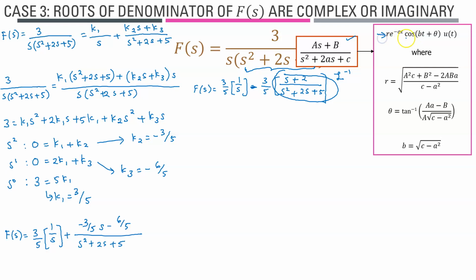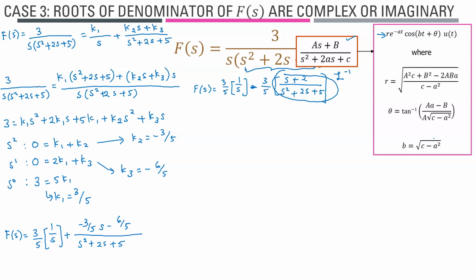We can use this equation where r is this, theta is this, and the small b is this formula. This is known as using the trigonometric identities of sine and cosine function.